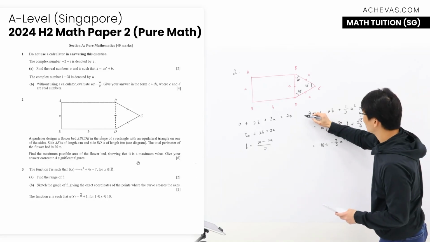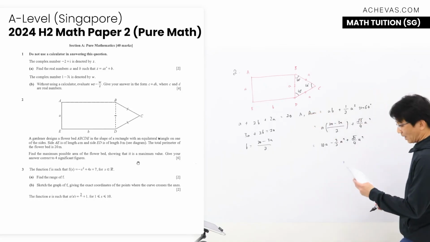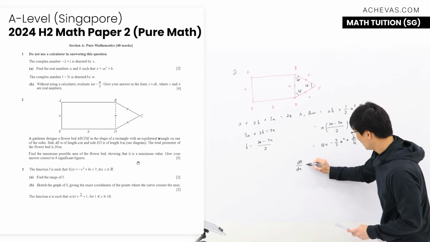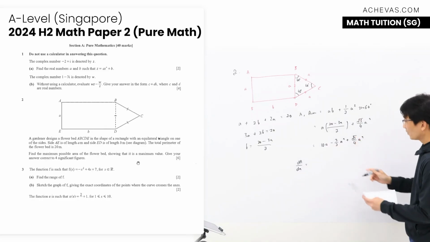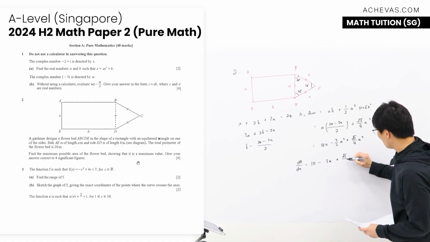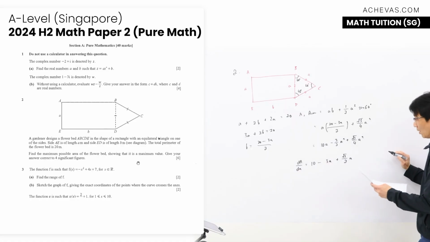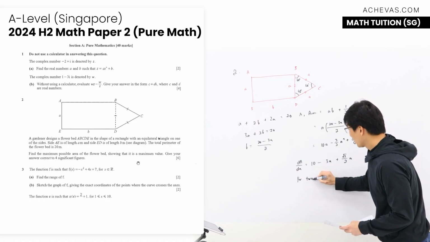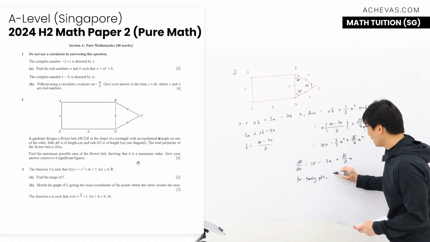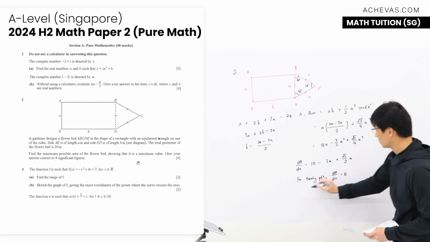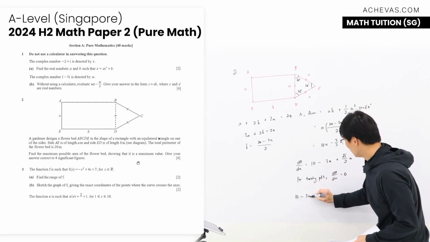Maybe I can just let this be A, right? So I'm going to find dA over da, where small a is the variable, for this particular expression here. Just differentiating this, I'll get 10 minus 3a plus square root 3 over 2 a. Alright, and for the turning point, I'm going to let dA over da equal to 0, which is this expression here equal to 0.